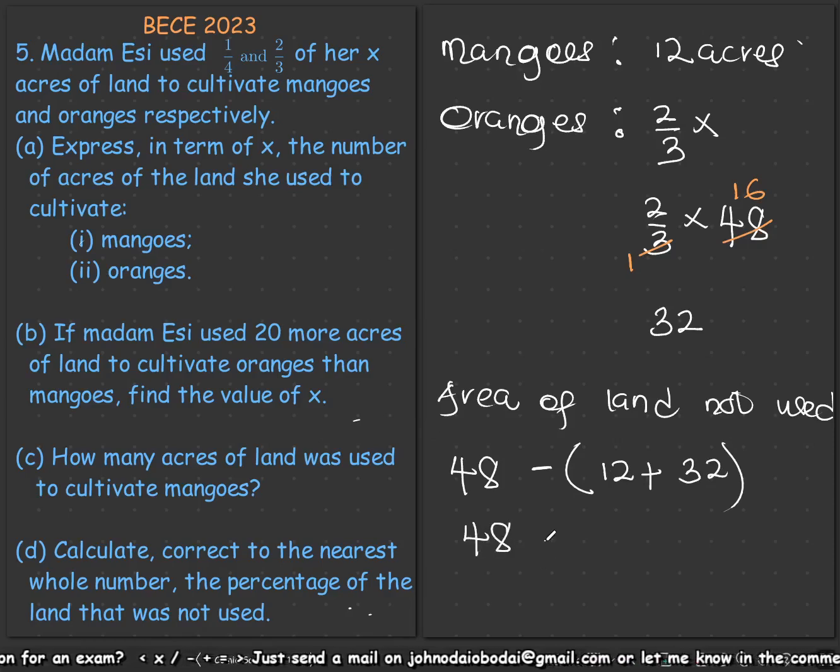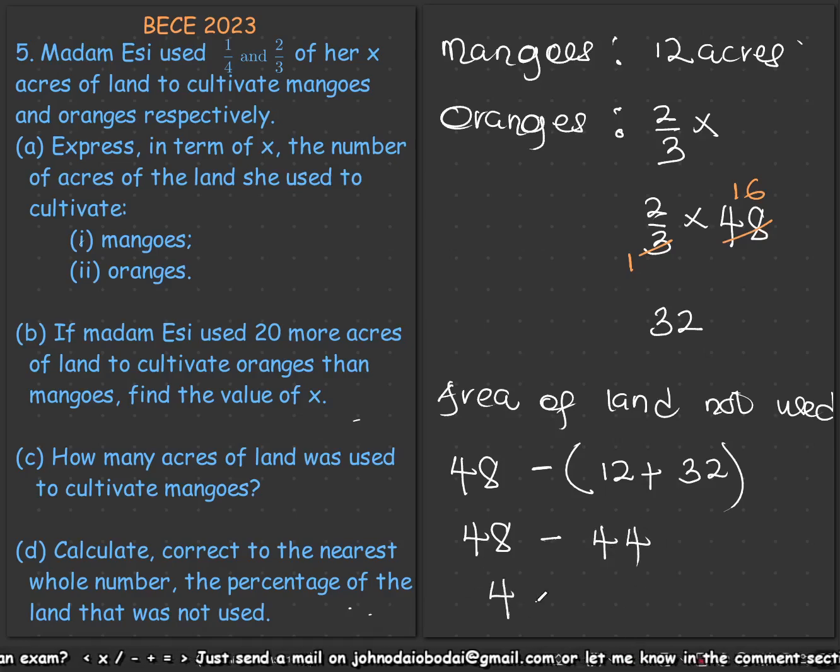So you have 48 minus 44. Evaluating this, we are going to get 4 acres of land.